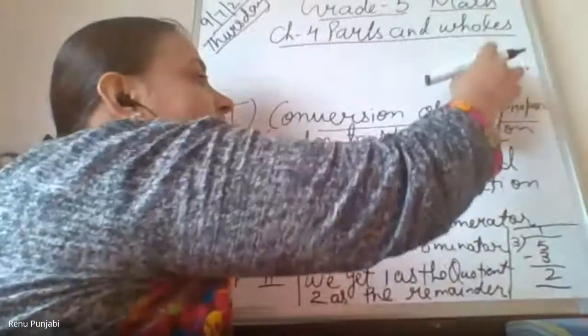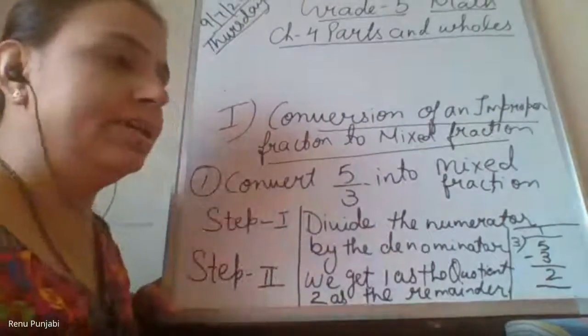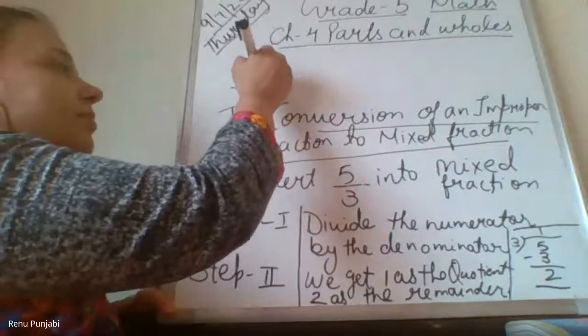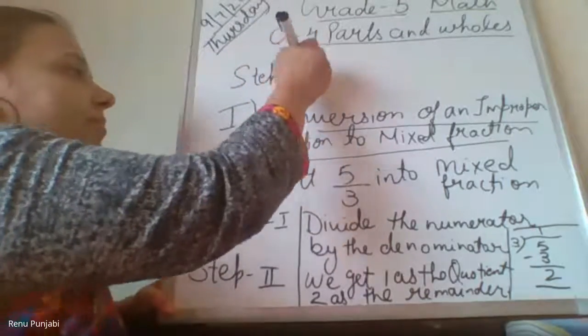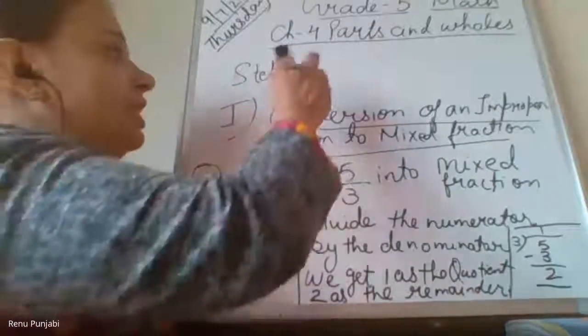So after the second step, the third step is: write the mixed fraction with the quotient as the whole number.